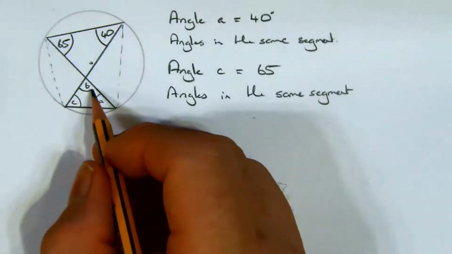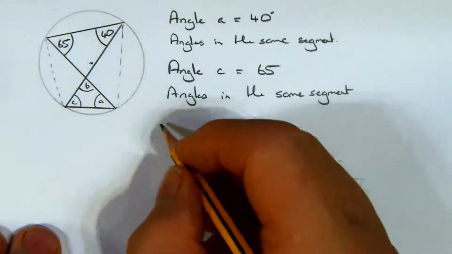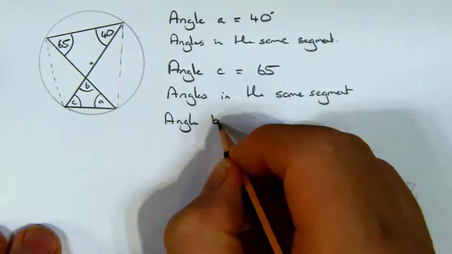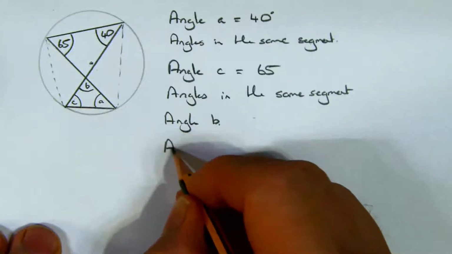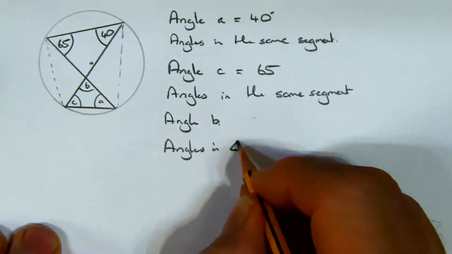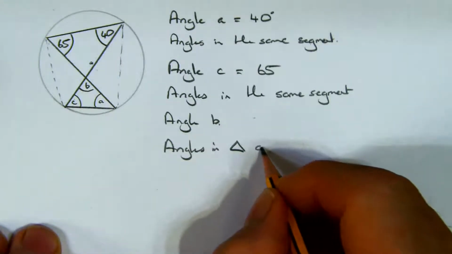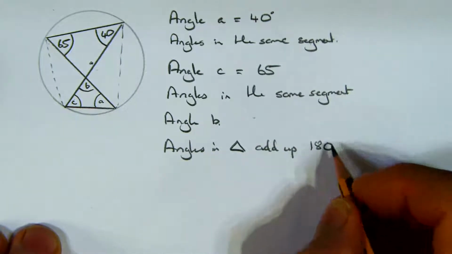How about angle B? Well, that's now easy to calculate because angle B, it's the angles in a triangle, I'm going to cheat, and they add up to 180 degrees.